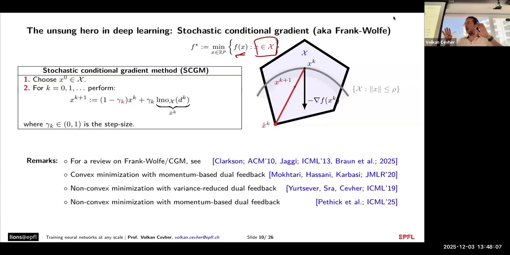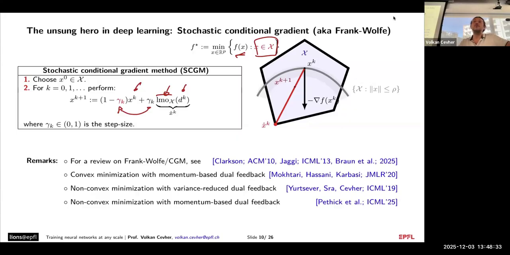So right now, what I will be talking about is deep learning with constraints. The algorithm is simple. You take the LMO of the dual feedback, you take a simplicial combination with your previous iterate that you assume already is in the constraint set. And the constraint set is convex. By taking this simplicial combination, you guarantee that you always satisfy the constraints.